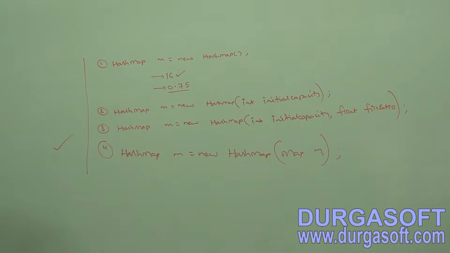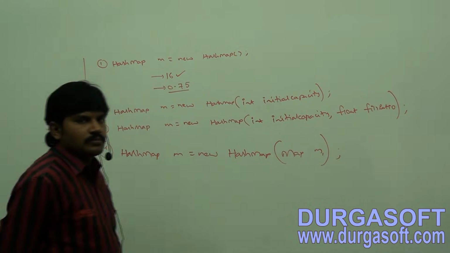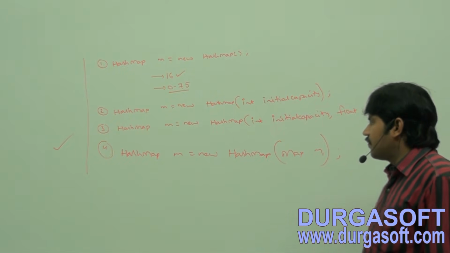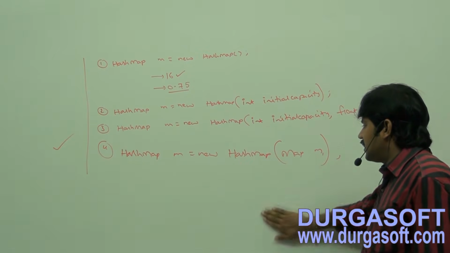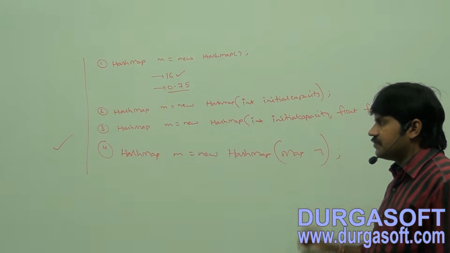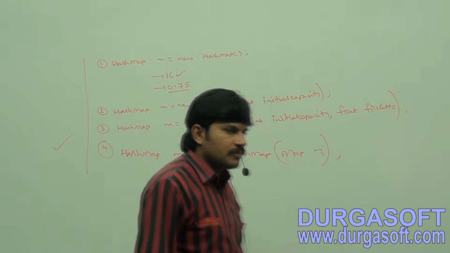Take the remaining two also, third and fourth. Hash map m is equal to new hash map of int initial capacity comma float fill ratio. Hash map m is equal to new hash map of map m.